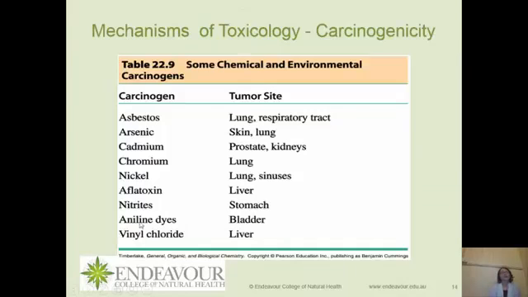Let's look in detail at some of those adverse drug reactions, the ADR types A to F. Carcinogenicity, as you'll consider, could come under several of those classifications, but we'll look at it as a delayed effect.